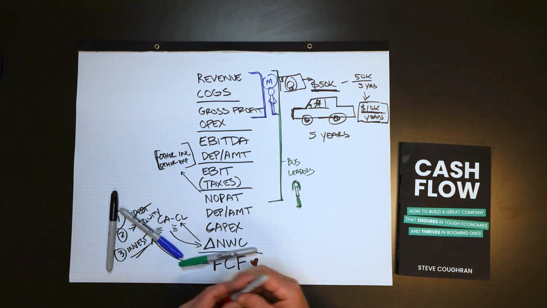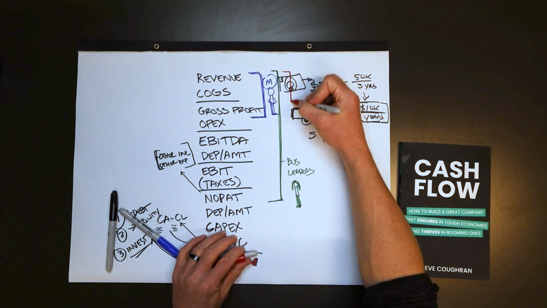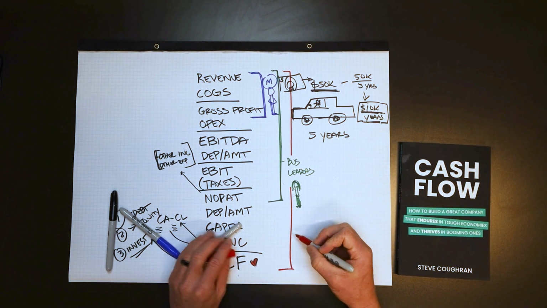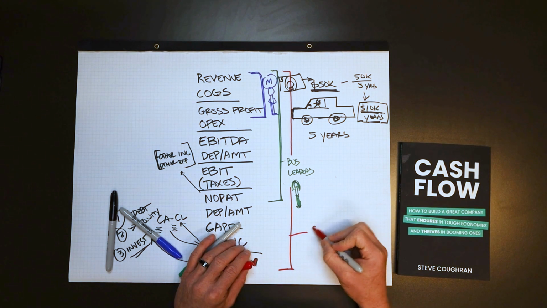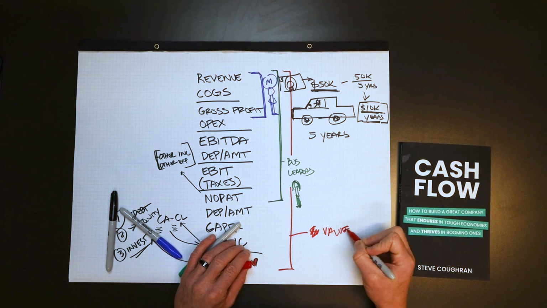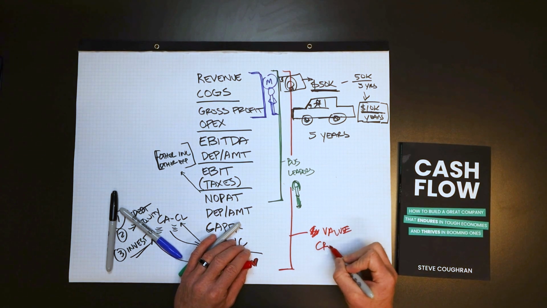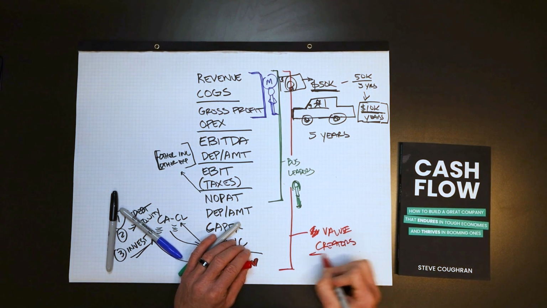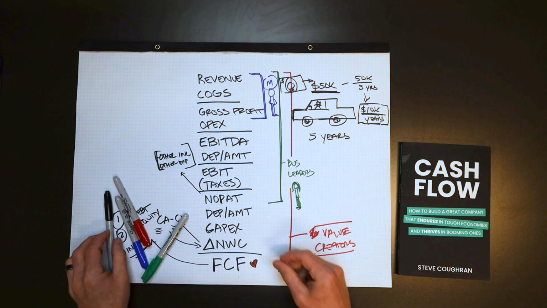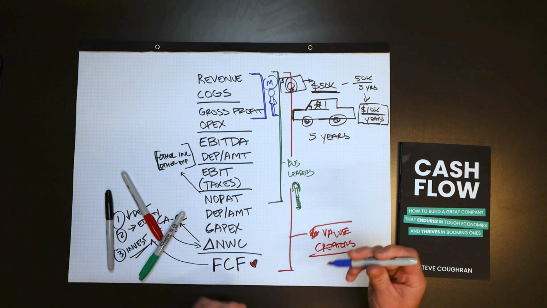Okay, but this is the key right here. Boom, I'm just gonna draw right over this person. Sorry, person. I'm gonna make this in red. This is where, I'll just call it value. I can't even spell. That is terrible. Value creators. This is a term I use at Coltivar, but value creators, they operate throughout the entire spectrum of free cash flow because they know, like I said before, 70% of companies that go bankrupt, they're profitable.